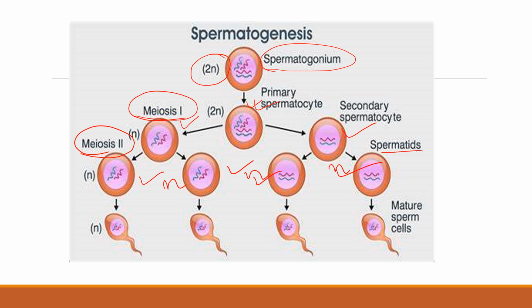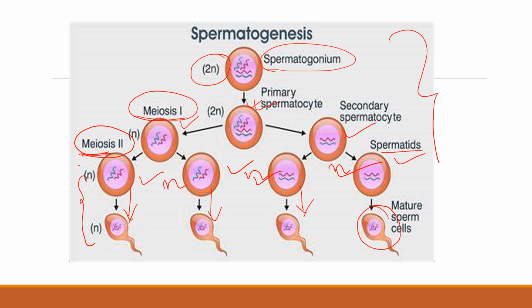Then after that, each spermatid produces 1 mature sperm cell. Okay, each spermatid produces 1 mature sperm cell. So after meiosis 2, till this differentiation or formation of the mature sperm cells, this is called spermiogenesis. So is it clear?